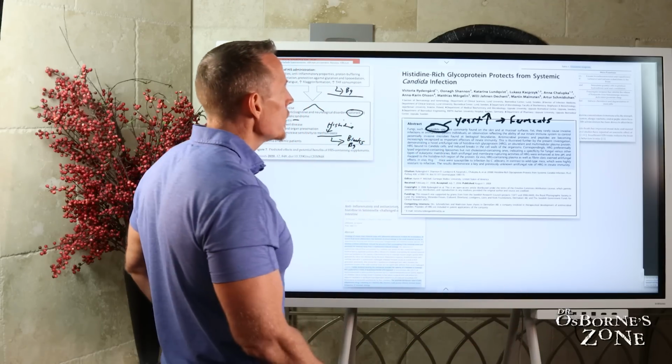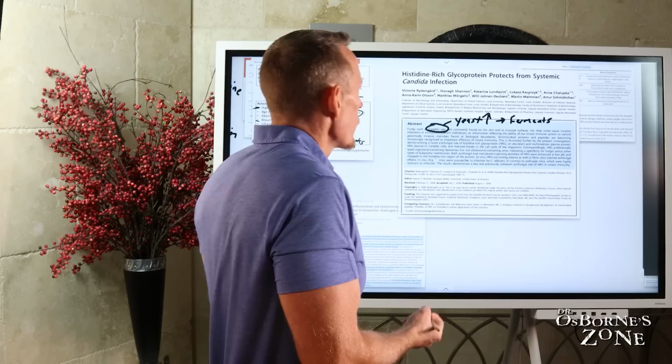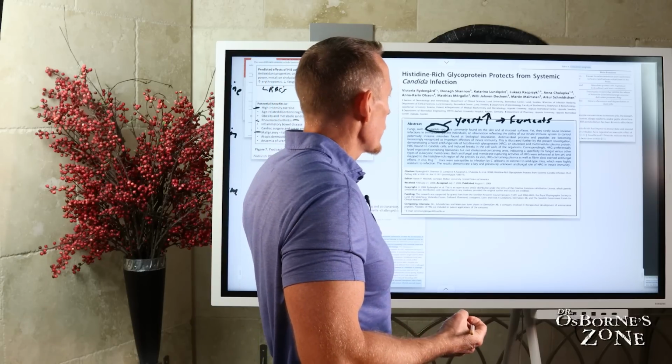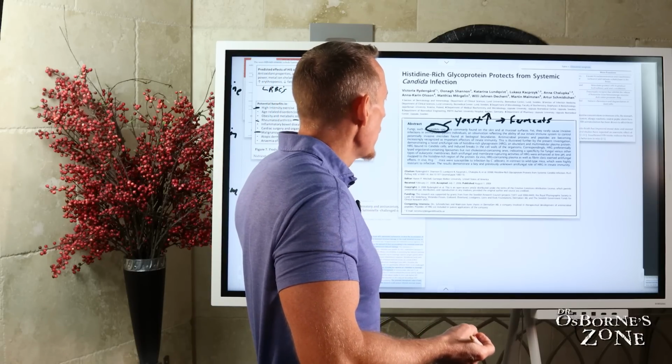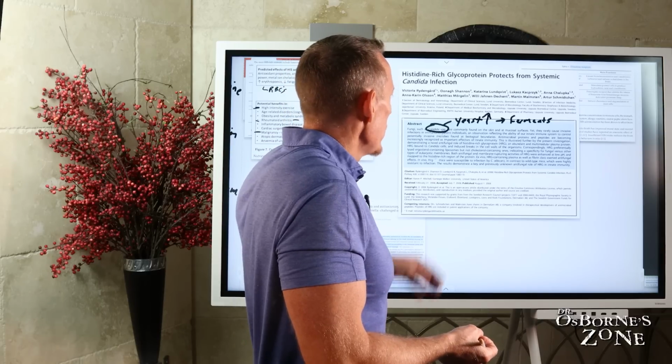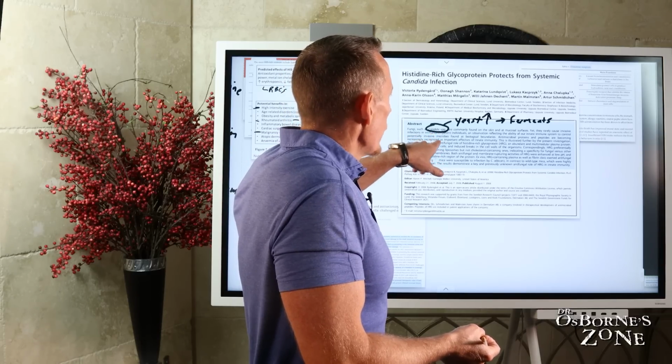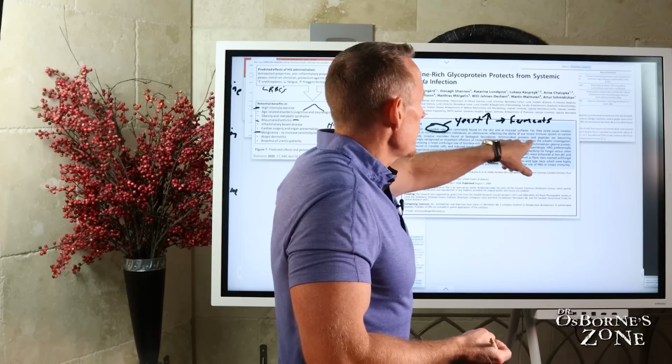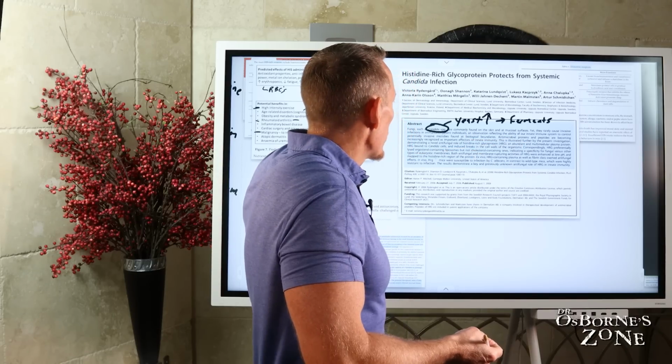barrier. And so what these researchers were trying to understand is what was the benefit? What was the mechanism of how histidine helped to reduce Candida from becoming problematic? What they found is it has antimicrobial properties.